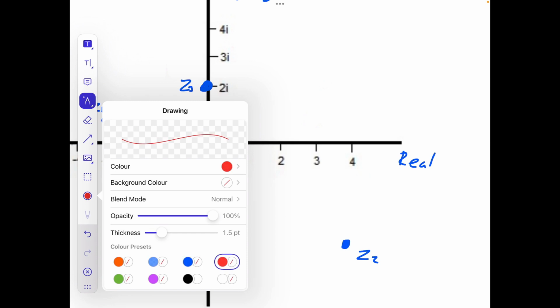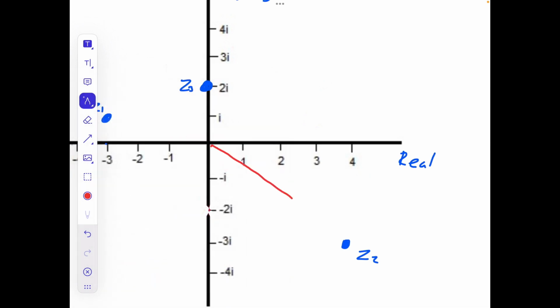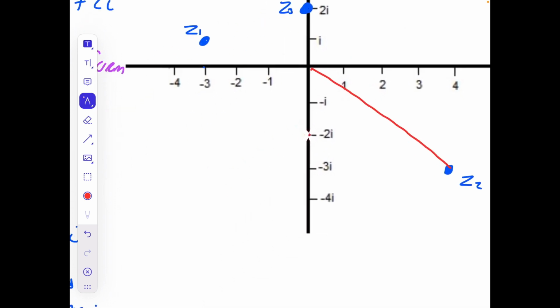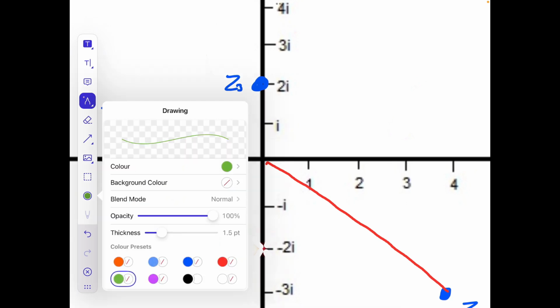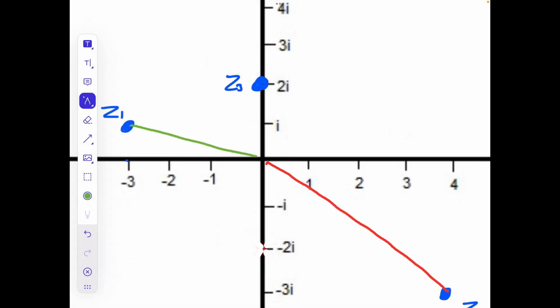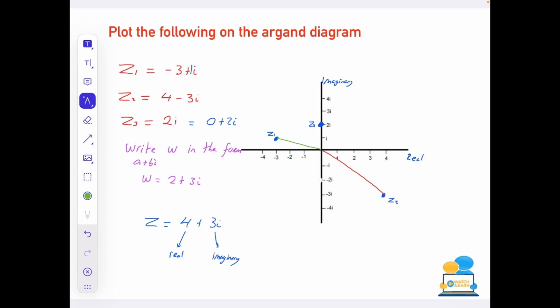I'm going to draw a straight line, or as straight as I can, connecting that complex number to the origin, or to 0, 0. The length of that line is the modulus of Z1. I can do the same thing with this point here, drawing a line from here to here, and the length of that line is the modulus of Z2.